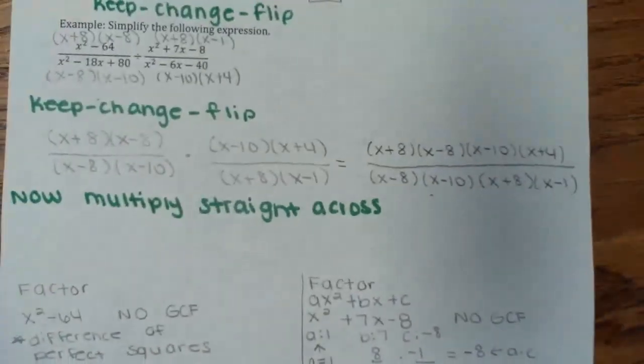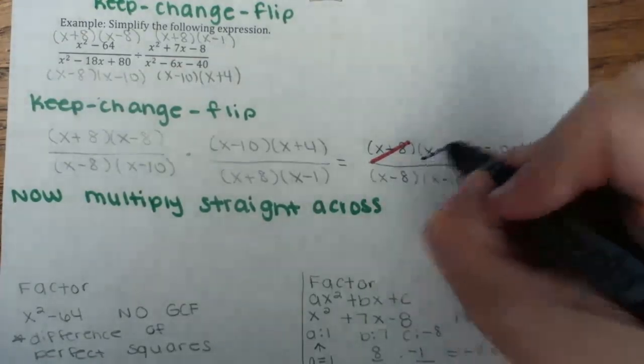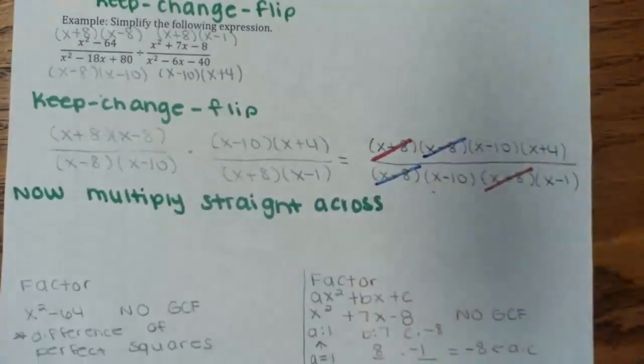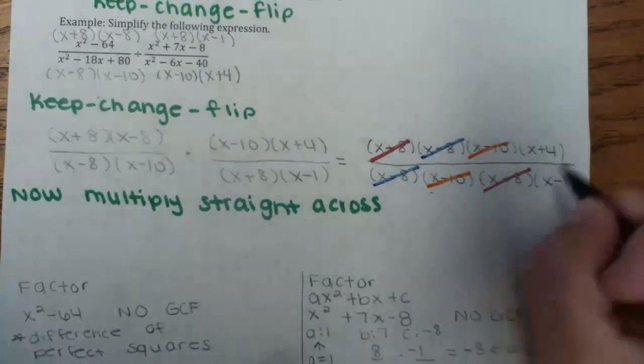So now let's see what factors cancel out. X plus 8's on the top and on the bottom. Those are gone. What else? X minus 8's on the top and the bottom. Those are gone. And then we have x minus 10 on the top and the bottom. Those are gone. There's no other factors in common, so nothing else can cancel.